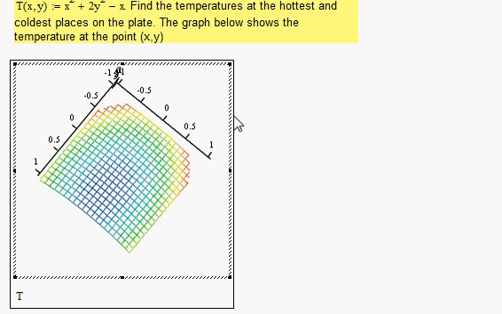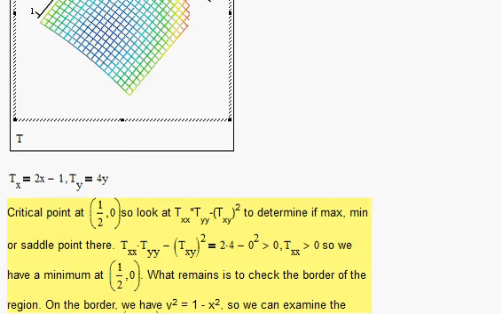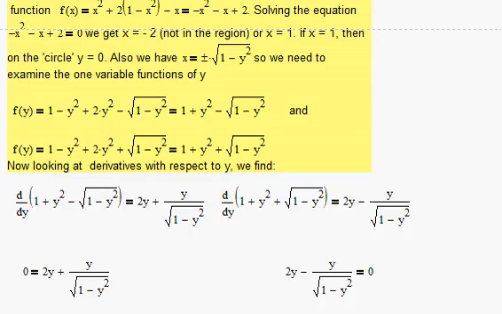Similarly here, but that's not a maximum or a minimum. We do get a maximum at x equals negative a half, y equals plus or minus square root of 3/2, so as you can see, that's right about here or right about here, on the edge of the circle, and a minimum point occurs at x equals negative a half, y is 0, so kind of what we expected.